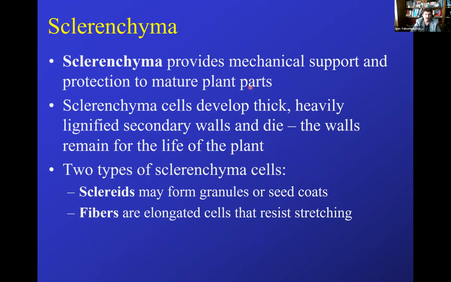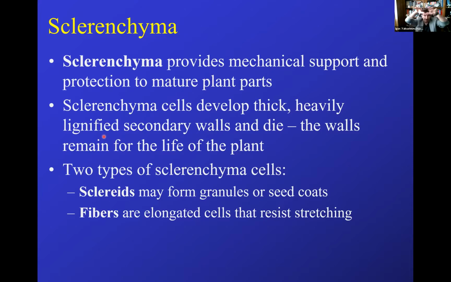The sclerenchyma cells are initially alive, but later on they will develop a thick secondary cell wall. Remember membrane, primary cell wall. Now they start putting in additional stuff such as cellulose and lignin, where they will lignify those particular secondary cell walls. As a result, essentially the cell is isolating itself.